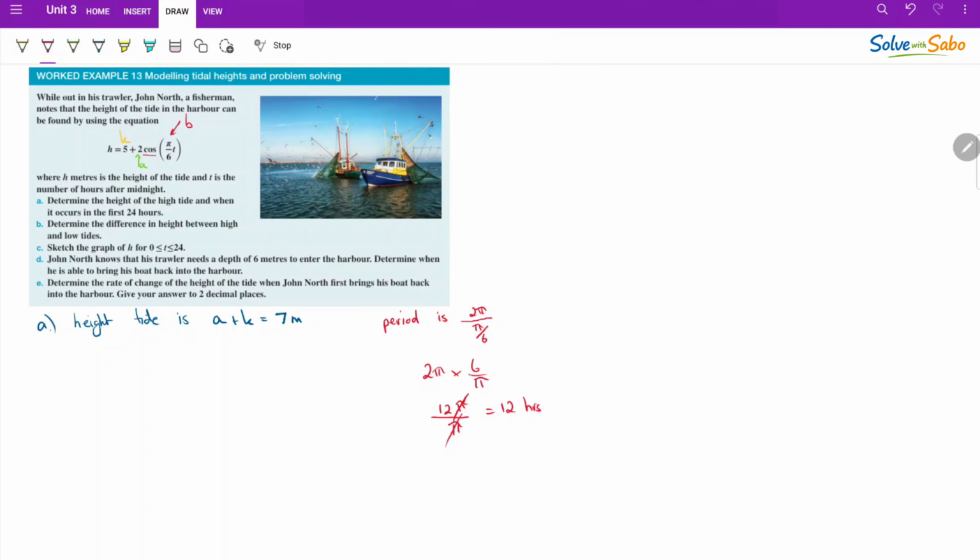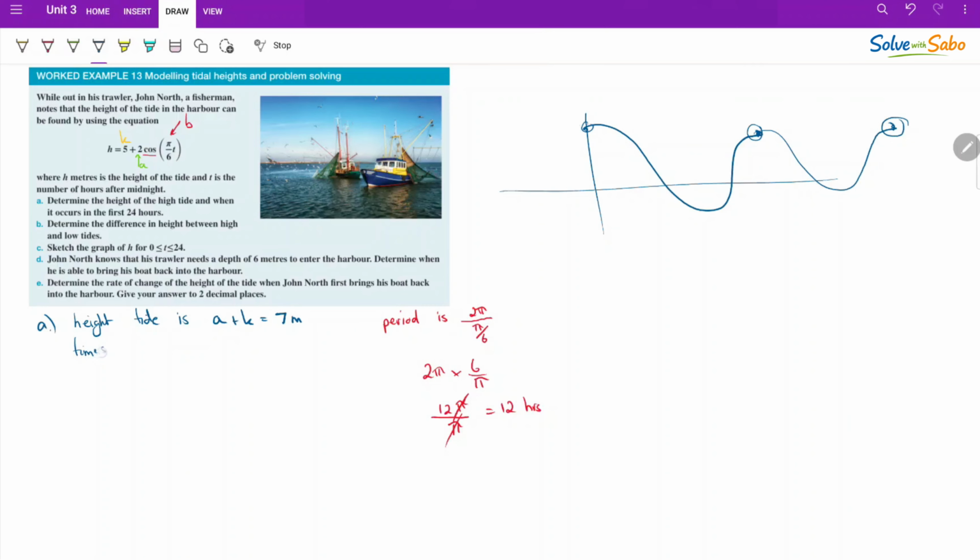So what that means is, if I did a quick little drawing of this, I'm going to start at a max, and then I'm going to go all the way until we get another max. Now that's the first 12 hours. It's asking me about the first 24. I'm going to do that again until I get another max. So we start at a max, we have another max, and then we're going to have another max. Again, this is just me using my idea of transformations.